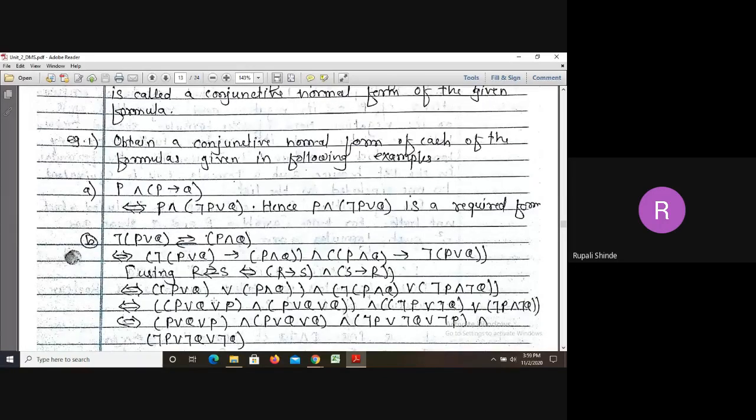Check here: P or Q or P is the first bracket and P or Q or Q is the second bracket. Again we apply the distributive law as negation P or negation Q or negation P. This is one bracket, and negation P or negation Q or negation Q is the last bracket.